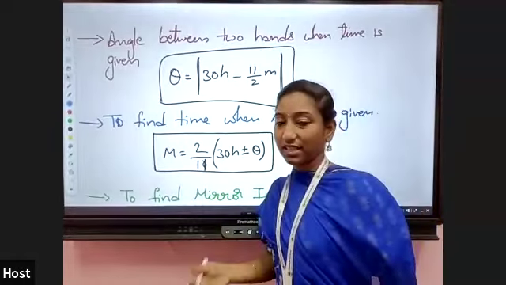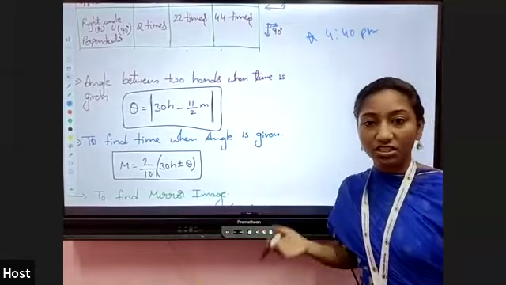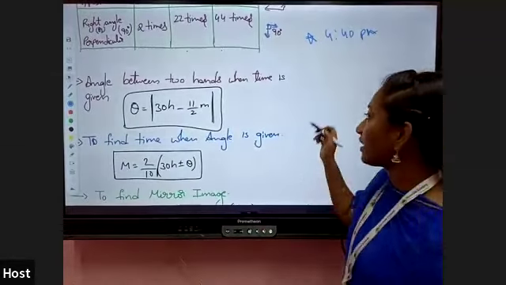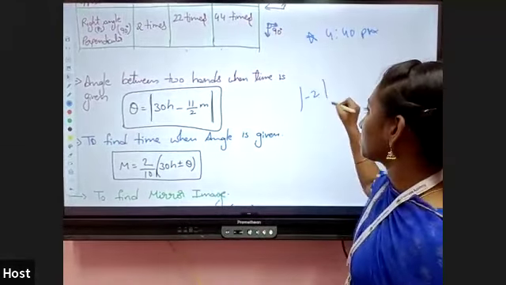So we should use the formula theta equal to mod 30h minus 11 by 2 m. Why we will use mod: if negative values come by using this, with mod we can change the values into positive values. For example, mod minus 2 we can write as plus 2.